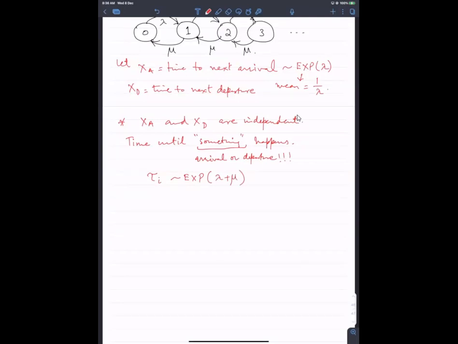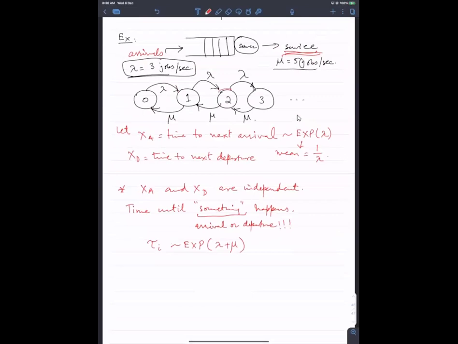So see, suppose you are in state 2. Here arrivals are happening, which will push you to state 3, and departures are also happening, which will push you to state 1. So you will transition out of state 2 either if something departs or something arrives. Either an arrival or a departure happens, and then you will transition out of state 2.